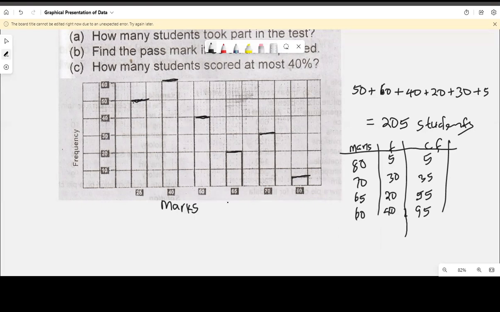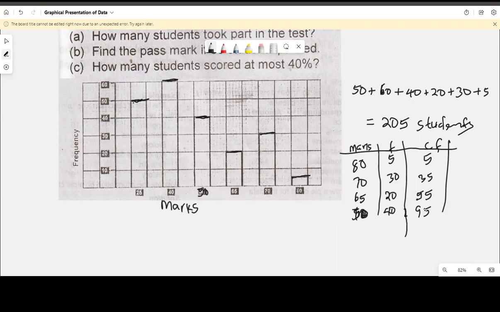You can see 40 here. It's 50. It's a typo or the printing is very poor. This is 50, not 60. So 50.